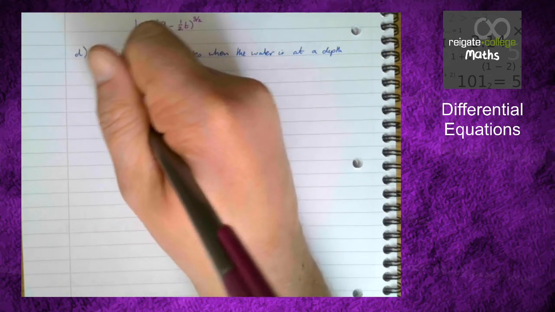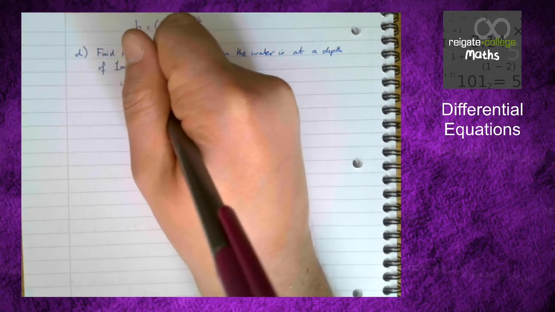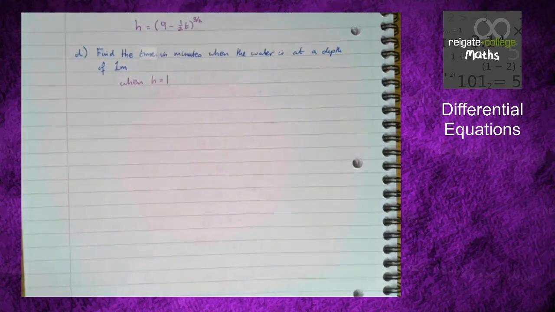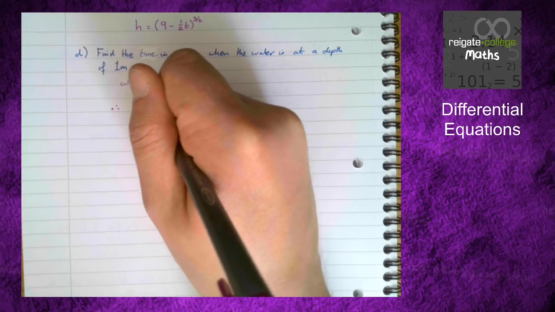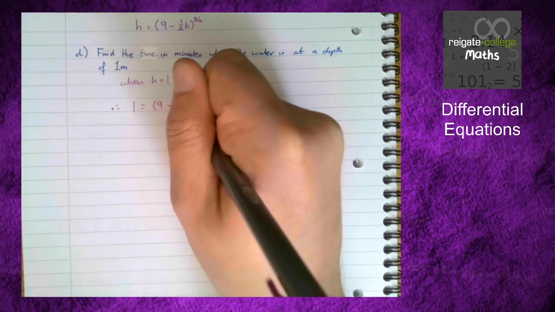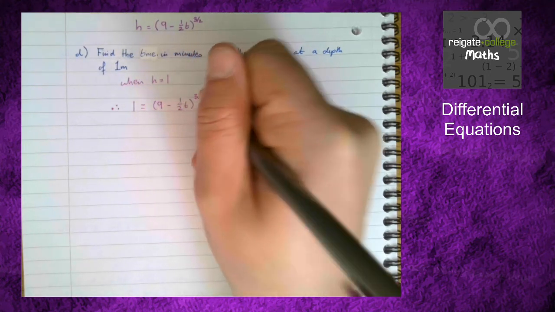because we're trying to find T when H equals 1. Okay, so when the height is 1, because remember, H is the depth of the water. So we want to find when H is 1, what is the time? So 1 equals 9 minus a half T to 3 over 2.